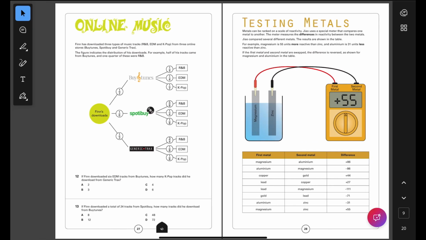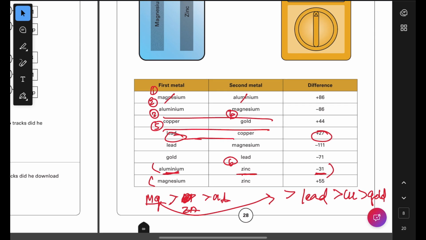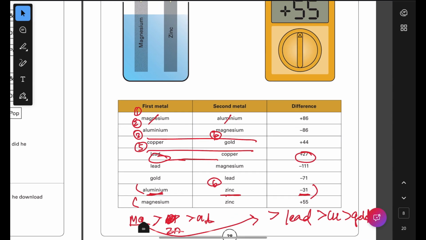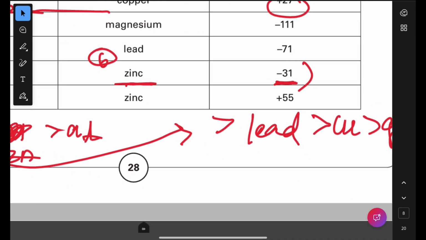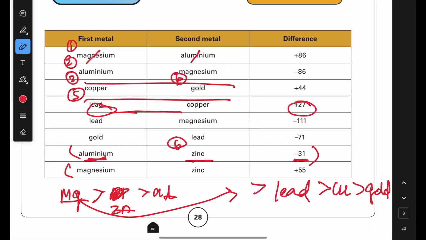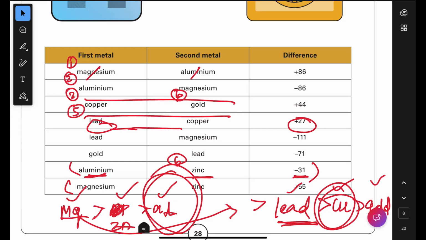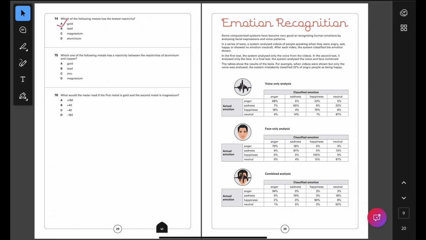The order we have found is magnesium, zinc, aluminium, lead, copper, gold. So between aluminium and copper, it is lead. So our answer should be lead.